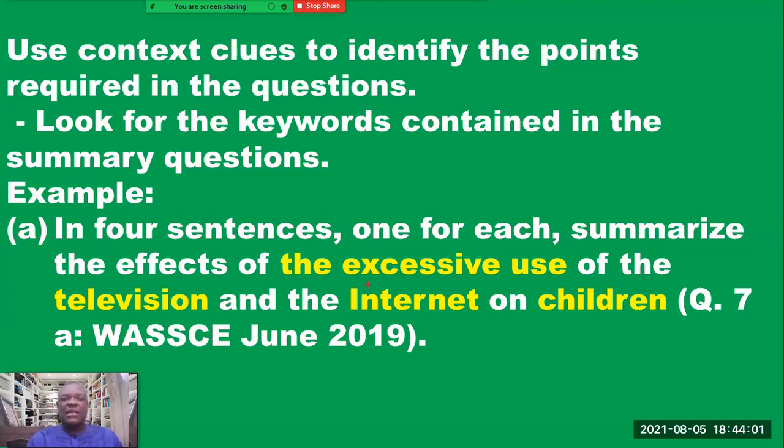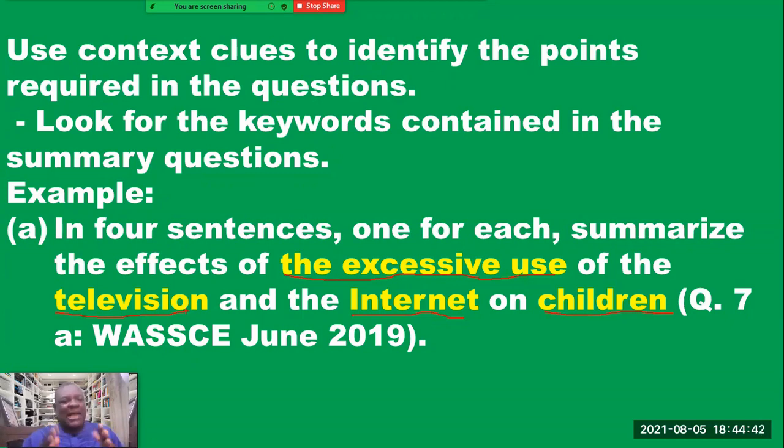All right, so these particular expressions that are written in red are the keywords. So once you pick the keywords from the question, then you will be looking for those areas of the passage where you can find these keywords, and that will give you a clue to what you need to extract.